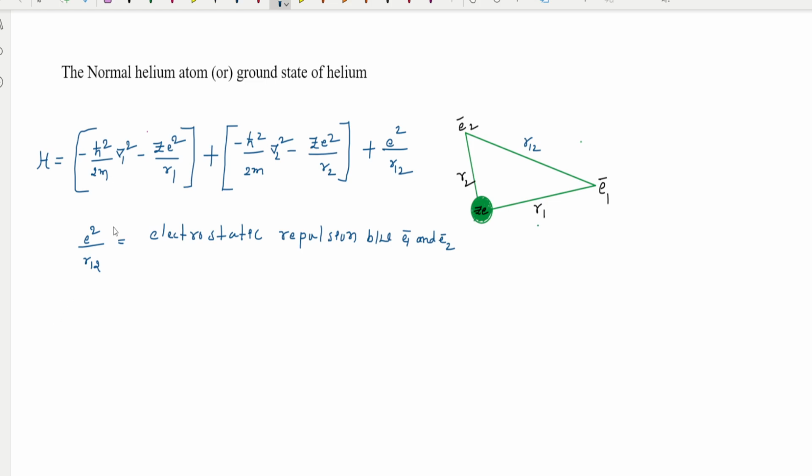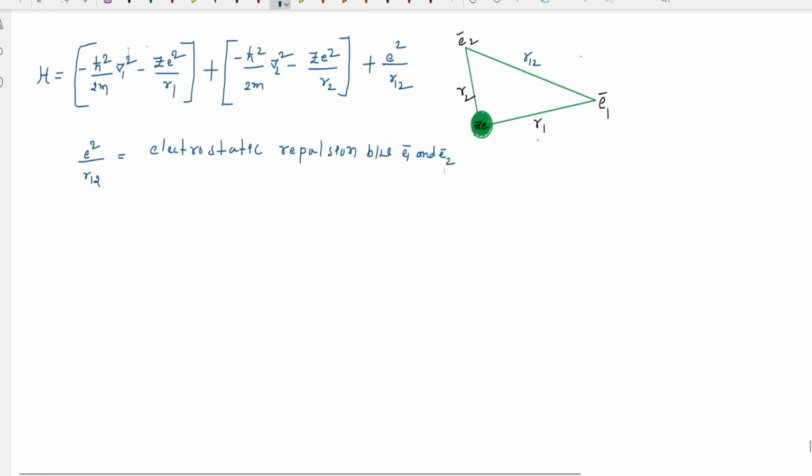Let us consider one simple case, the Hamiltonian for the first electron.